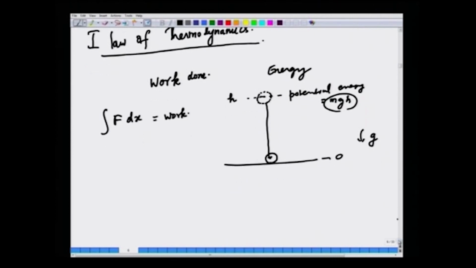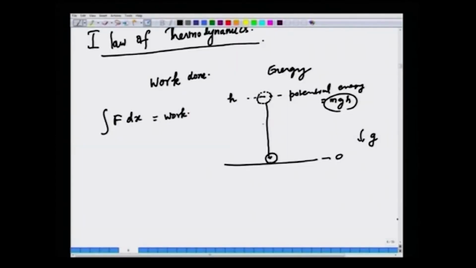So, this notion of work done and the equivalence of work and energy is very familiar in mechanics. Okay. So, we can change the energy of the ball by doing work on it. We can also take work out of the ball, and we can change the energy. For example, suppose you place this ball on a plate, so you are moving this ball from ground level up by doing work on it.